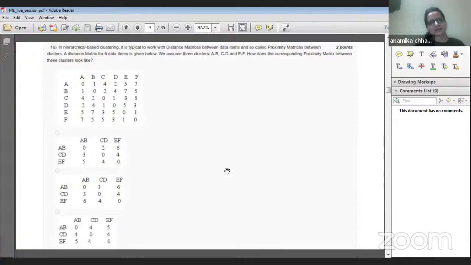So hierarchical clustering is a sort of bottom-up approach. We assume every element to be in its own cluster. So if you have 100 elements, we assume them to be in their own clusters. Then we find the distance between these elements, and based on that distance, if they are nearer to each other, we put them into the same cluster.